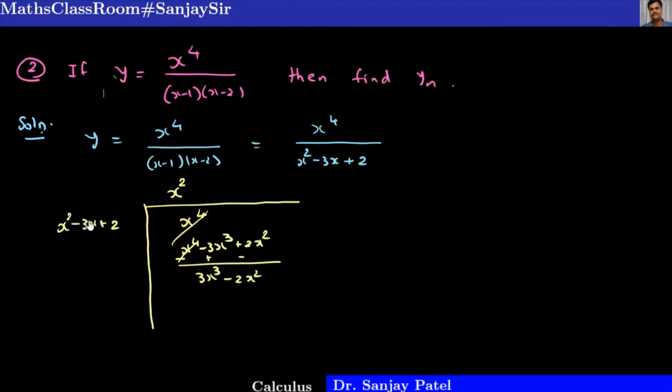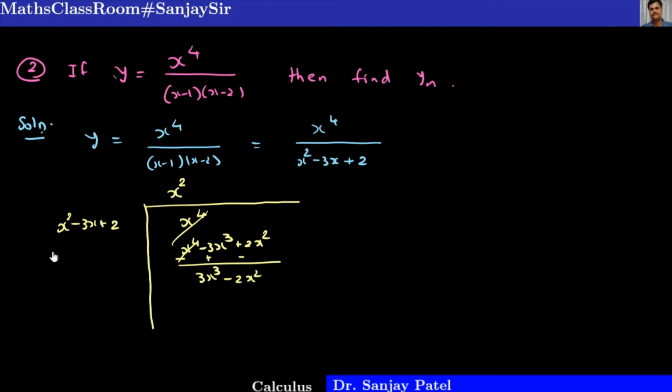now next step, we have to multiply this divisor with something so that we get one of the terms as 3x cube. Okay, so we want 3x cube there. So I want 3 into x cube if I multiply this with something.